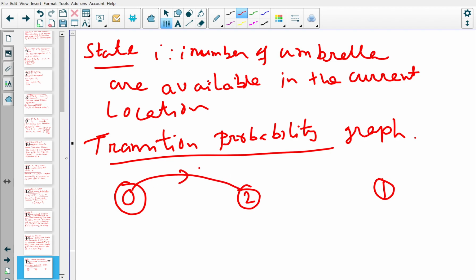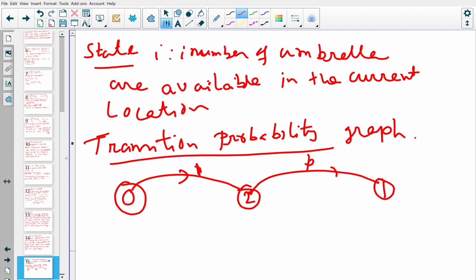This is 1. And if there is an umbrella and it is raining, then when he is going from there to another place, the current state 2 will become 1. So this is probability P if it is raining.